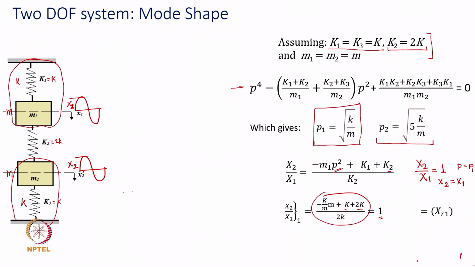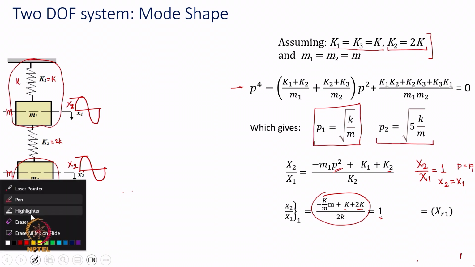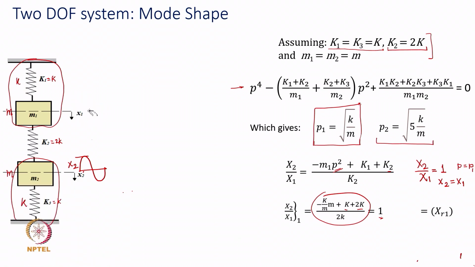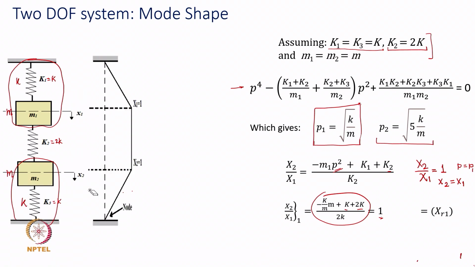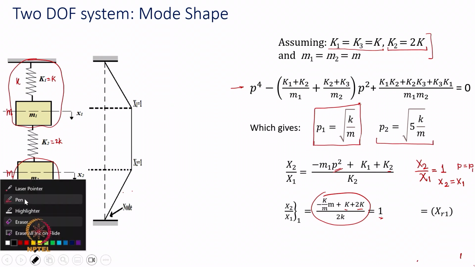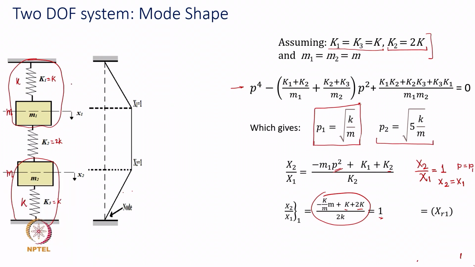And if I want to now show this shape in the form of a figure here, I will show it this way: instead of showing the motion in the vertical direction, which is basically the degree of freedom, it becomes easier for me to represent that motion or that amplitude in the lateral direction, or horizontally.